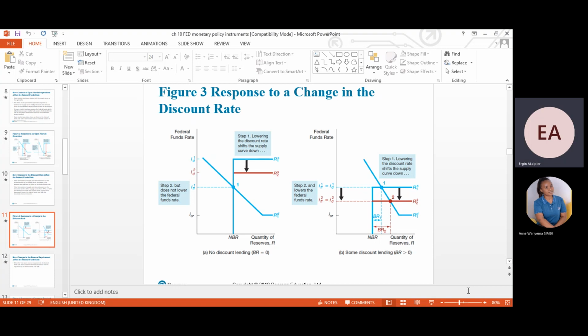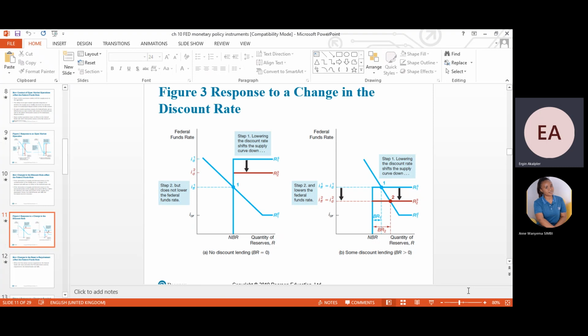And on the right side, the lowering discount rate shifts the supply curve when it is below the equilibrium. It shifts the supply curve down, as you are observing, and now because it is below the federal funds rate, it becomes affected, and this will then shift the federal funds rate to a lower level.